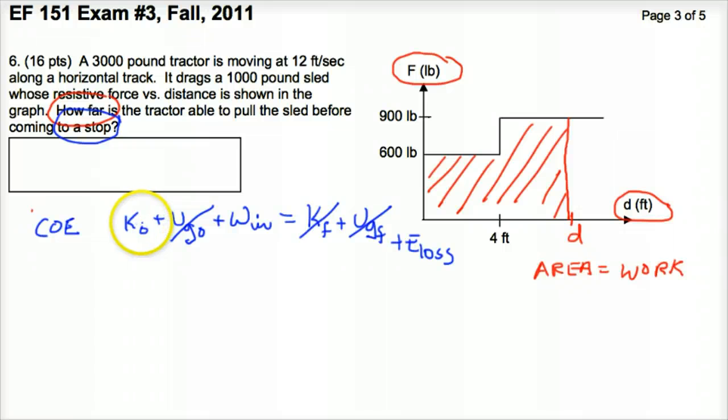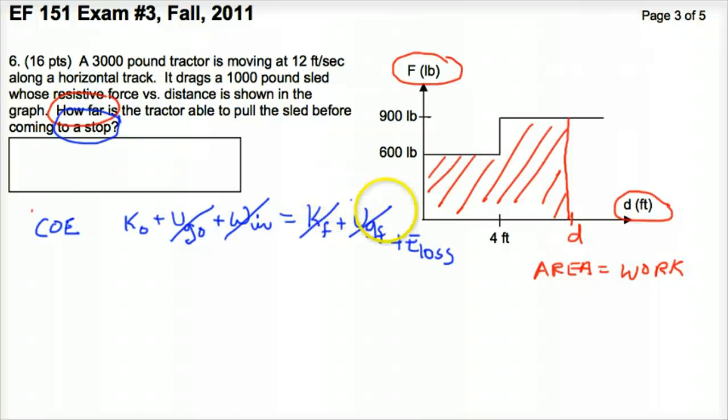Okay, so now we've got to just determine how to account for this work done by the resistive force. It's a resistive force, so it's really a loss. Okay, so the work in is 0, because we're not given any information about that.